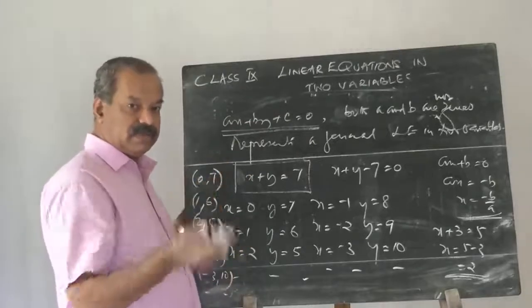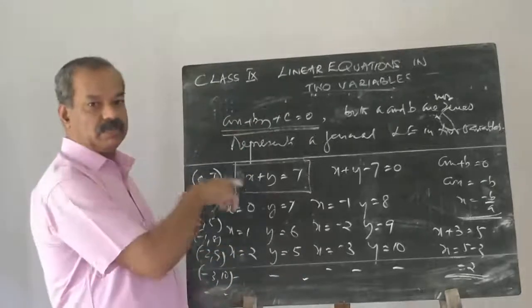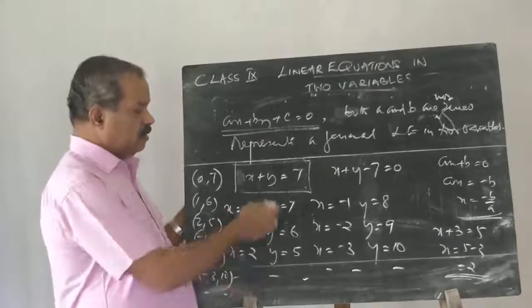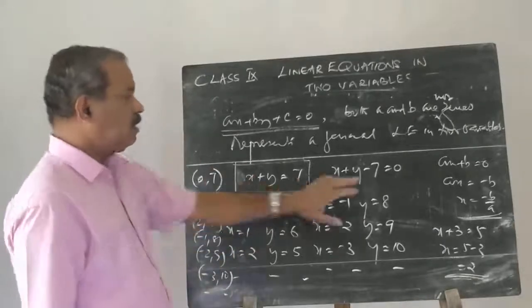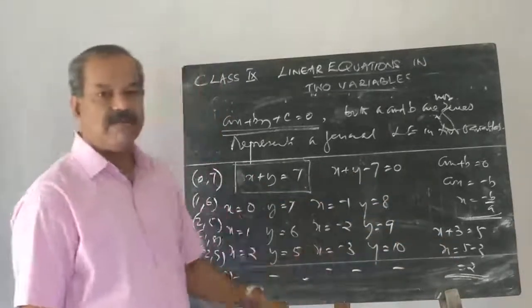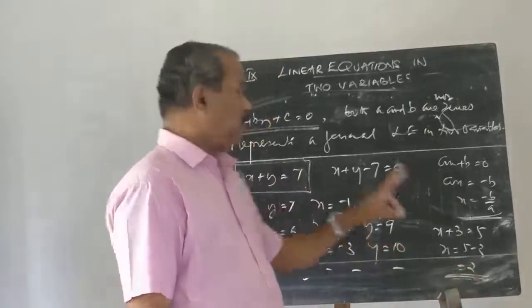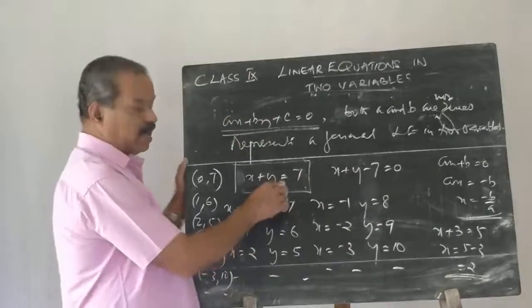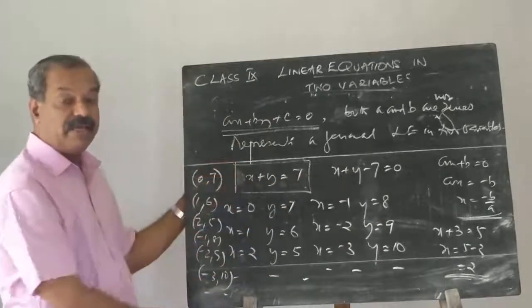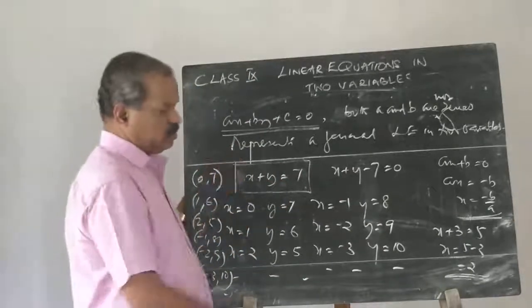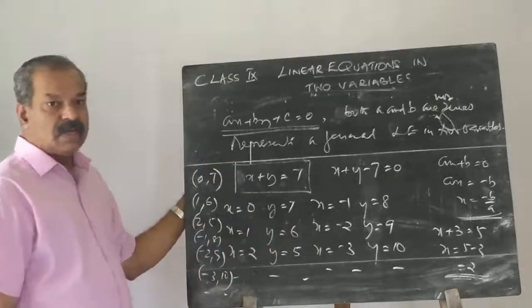If we take a value for y, we get a corresponding value of x. But a linear equation in one variable has a unique solution. A linear equation in two variables has infinitely many solutions. No unique solution.